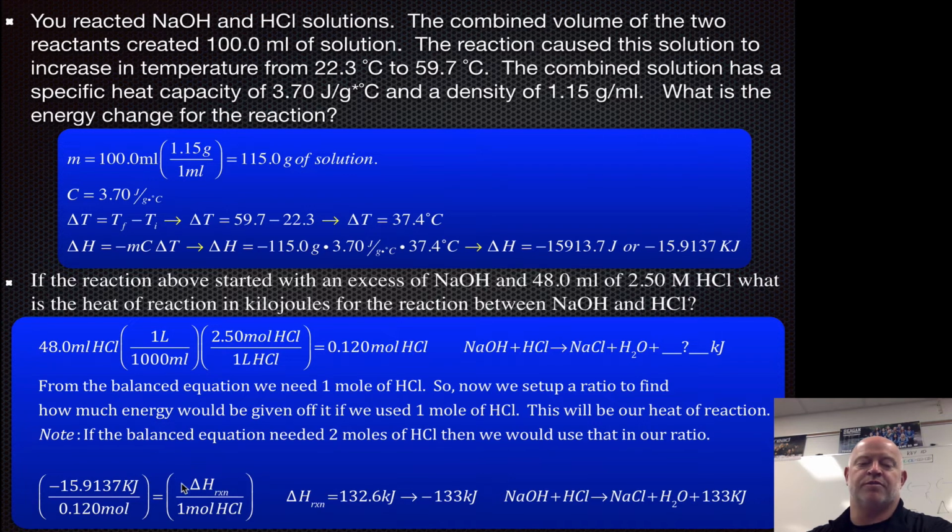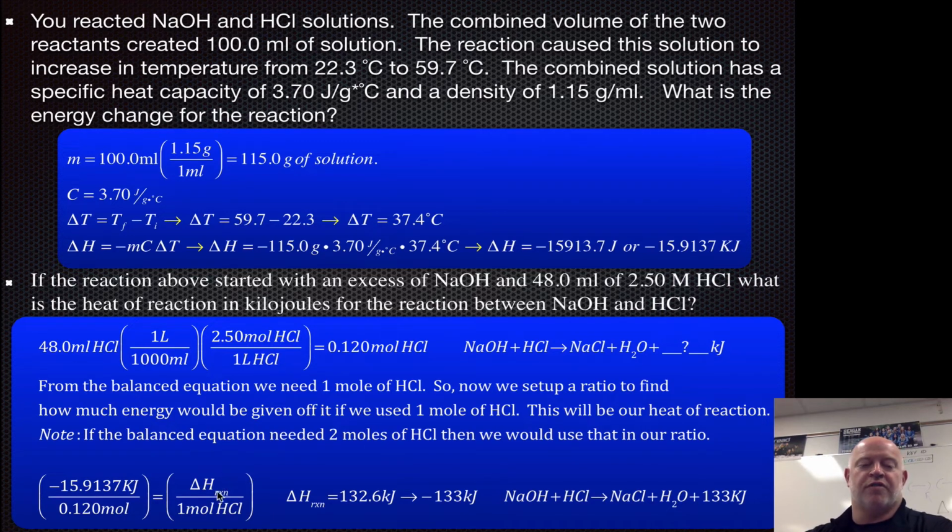So the question becomes, what energy would be produced if this became a full mole's worth? We use 1 here because it's a 1 in our balanced equation. So all I'm doing is setting up a simple ratio to solve for an unknown. The hardest part is recognizing that these two numbers link to each other and that the unknown links back to the balanced number in the equation. Once you get this, you're golden.